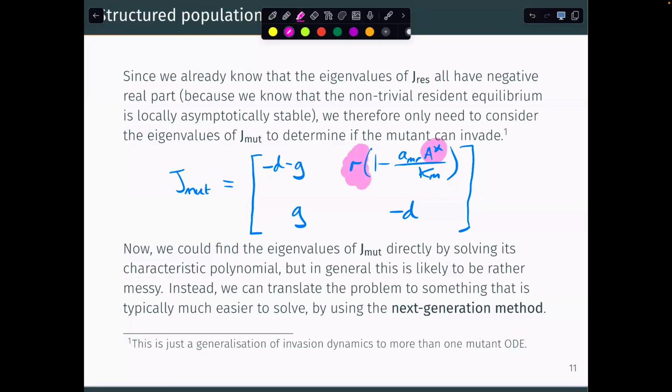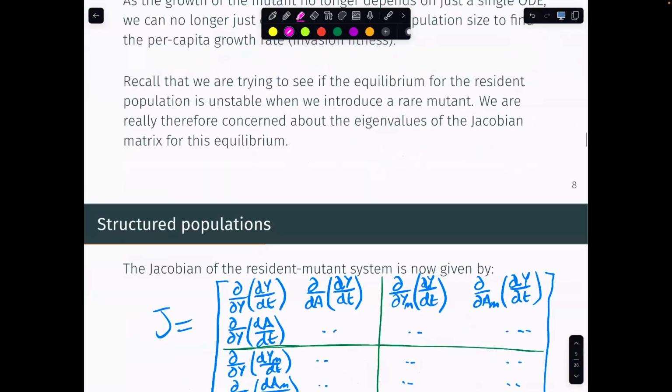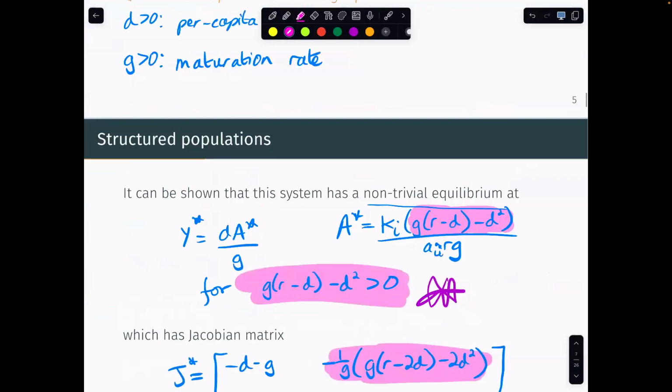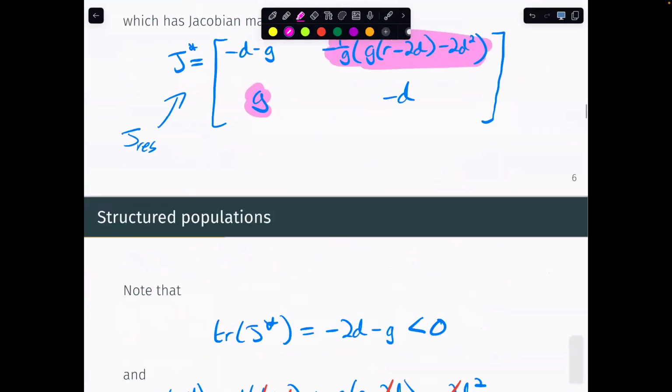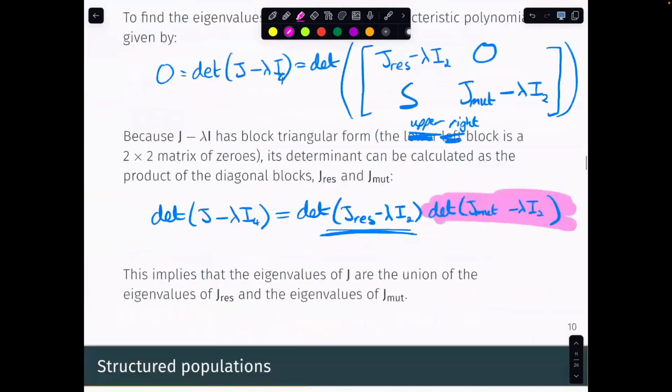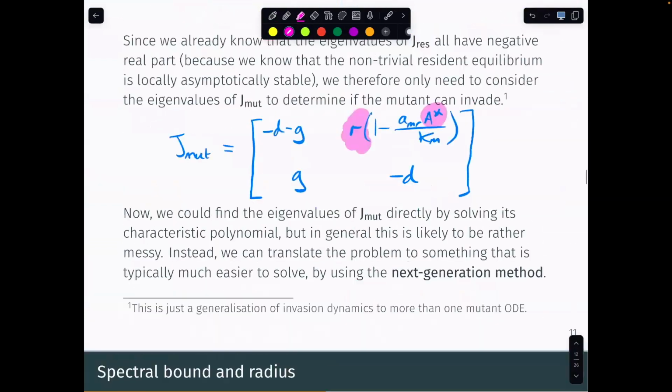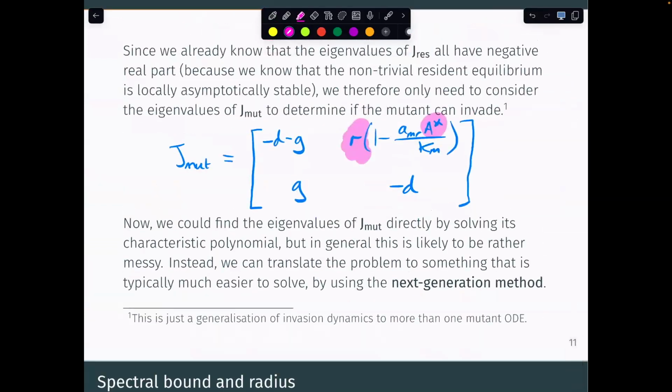So this term up here differs. We go back to the Jacobian that we had before. It's already had the A star subbed in, but it's slightly different. So just make sure that you don't just write down the same Jacobian again. It's ever so slightly different now because we're only accounting for interactions between mutants and residents, no interactions between mutants and mutants.